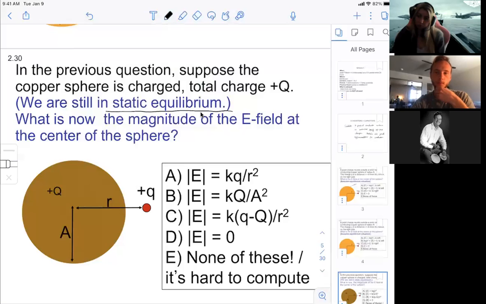The charges will move to whatever situation is needed in order to have a 0 E field. So don't be thrown off by the extra charge. You're still dealing with a conducting material, so you're still dealing with the same 0 E field inside.